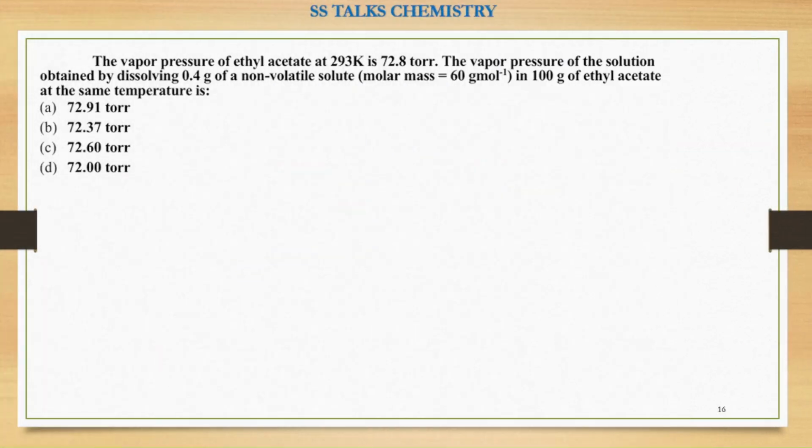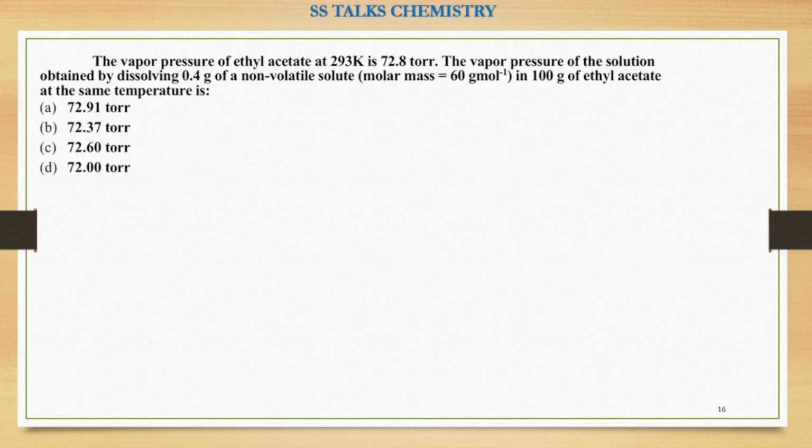Next is this one. The vapor pressure of ethyl acetate at 293 Kelvin is given as this much. We need the vapor pressure of the solution obtained by dissolving 0.4 grams of a non-volatile solute of molar mass 60 grams per mole in 100 grams of ethyl acetate at the same temperature.